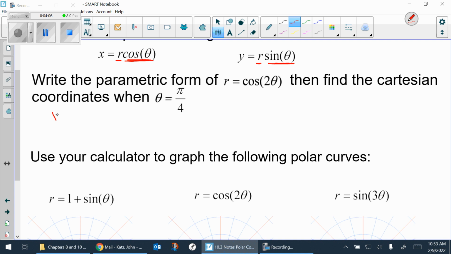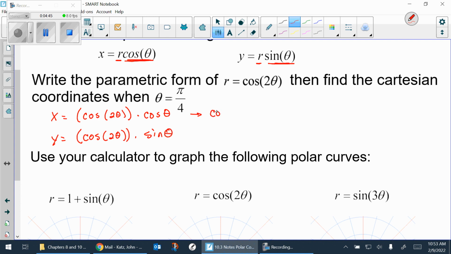Well, x equals r cosine 2 theta times the cosine of theta, and y is equal to r, which is the cosine of 2 theta, times the sine of theta. All right. And theta is pi over 4, so I need the x value.